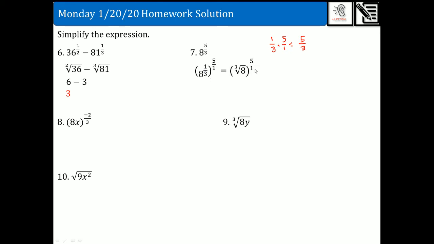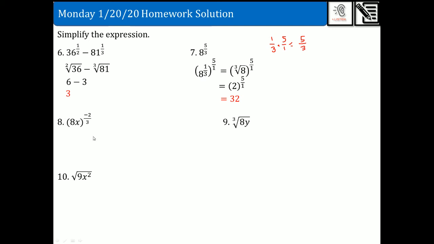Okay, the 5/1 stays on the outside. The cube root of 8 is just 2 to the 5th power. We know that 2 to the 5th power is 32. 2 times 2 times 2 times 2 times 2 is 32. Okay, notice I split this so I can simplify the inside expression first. Okay, I wouldn't put the 5 on the inside. I wouldn't do 8 to the 5th power. That would be too ugly.